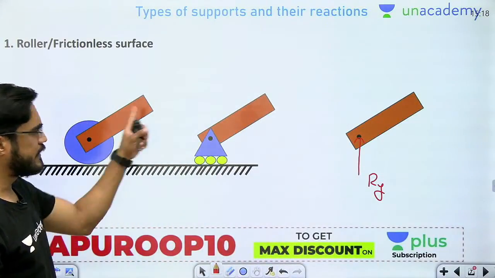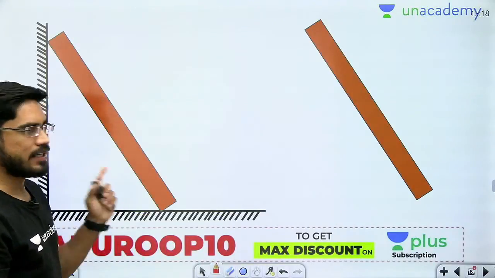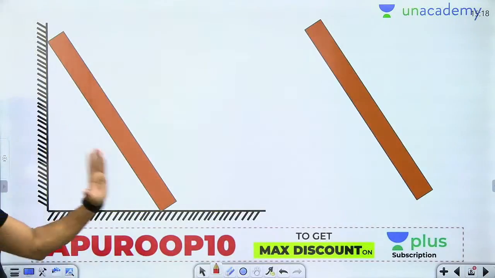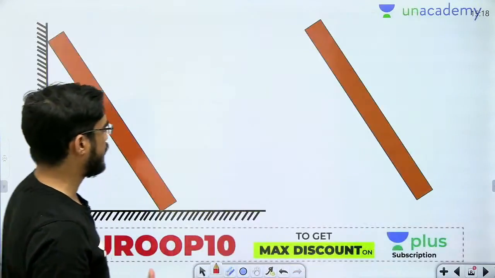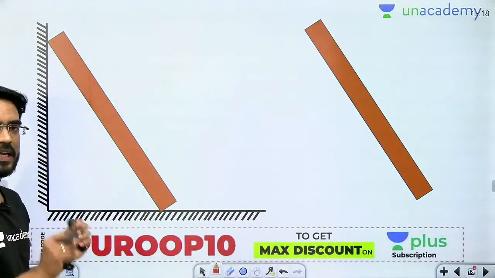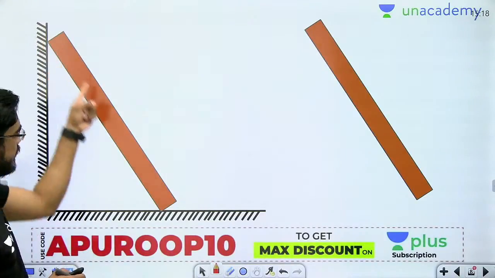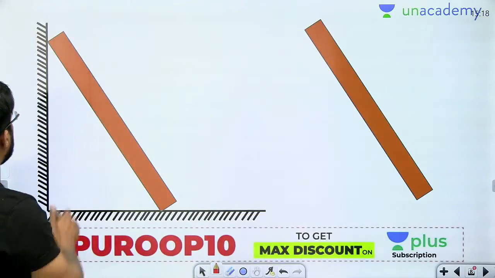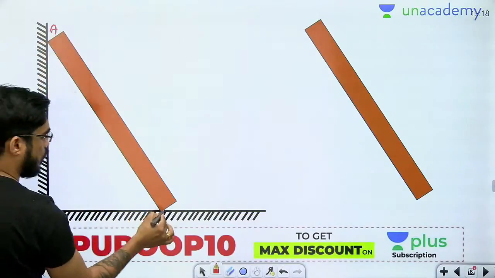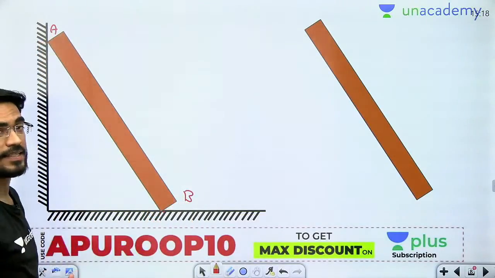Next type of support, in the same category, is known as frictionless surface. We have seen here, this is a frictionless surface. So beta, in a frictionless surface also, you will only get one reaction. Understand beta, let's say this is a rod which is resting on these surfaces, okay? Let me call this point A and this point B. It is a frictionless surface.